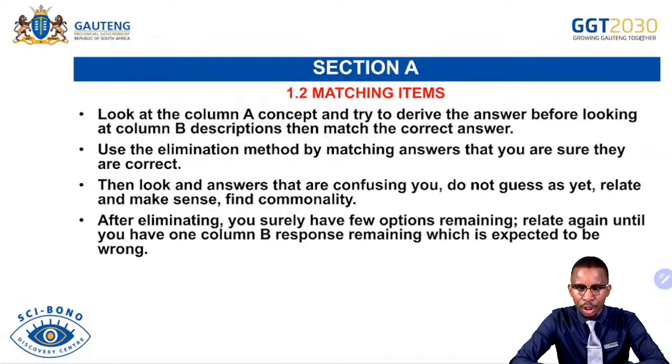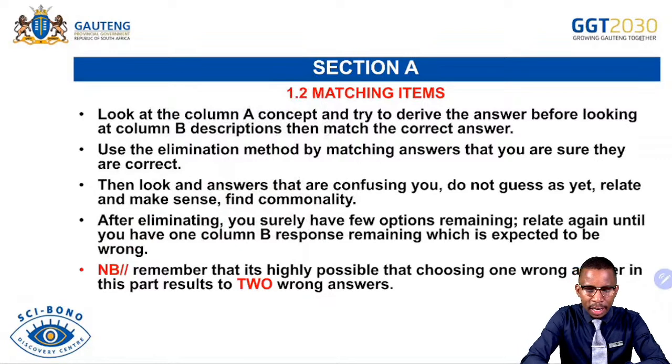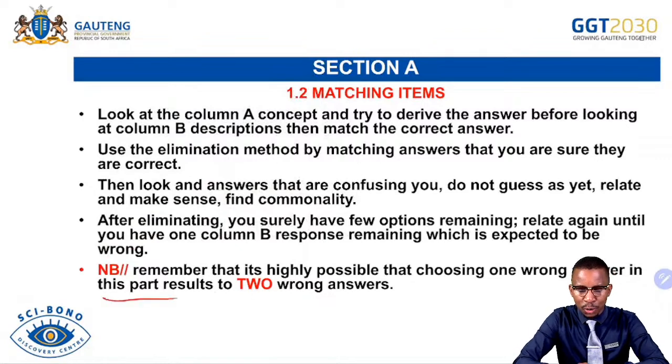After eliminating, you surely have few options remaining. Relate again until you have one column B response remaining, which is expected to be wrong. Remember, there's one option that is wrong in there, which must be left out because you can't answer on it, which is a part of A up to I. It is very important that you remember that it's highly possible that choosing one wrong answer in this part results in 2 wrong answers.